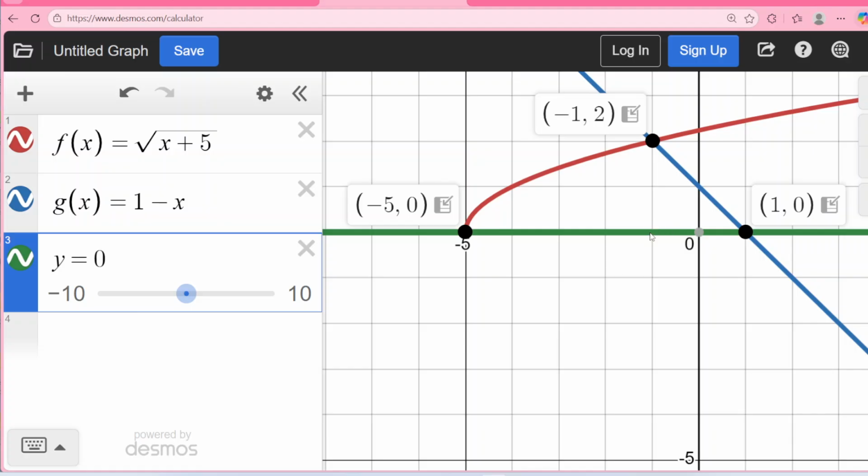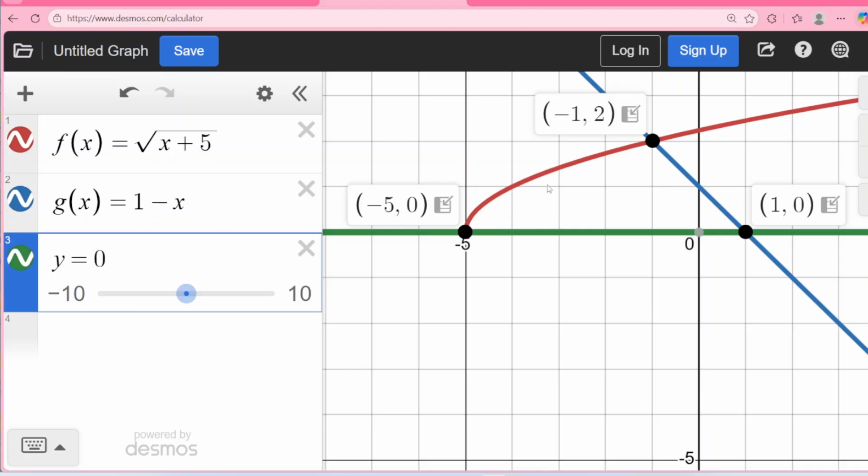And that's a triangle with a height of 2 and a base of 2 as well. So this would be half of 4. This is 2 square units. So I just need the area under the red curve to the x-axis, and then I'm going to add 2, right, the area of the triangle to the right of x equals -1.